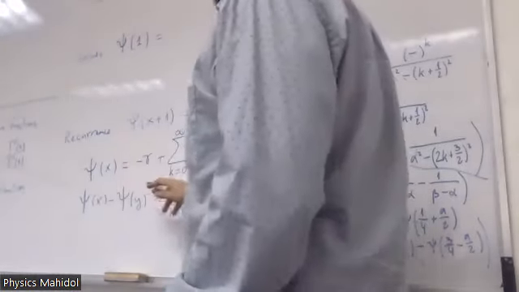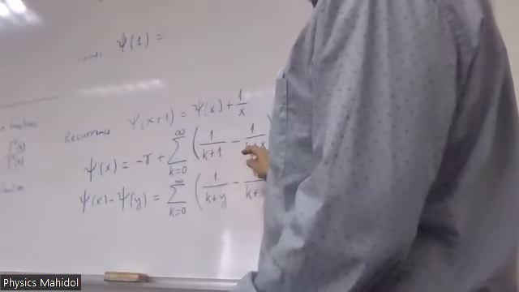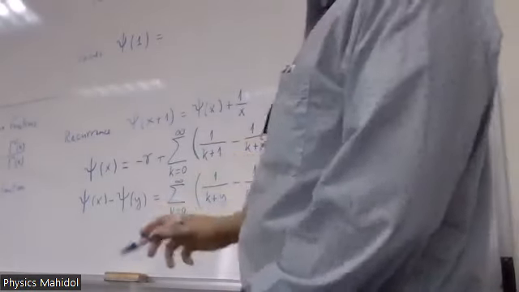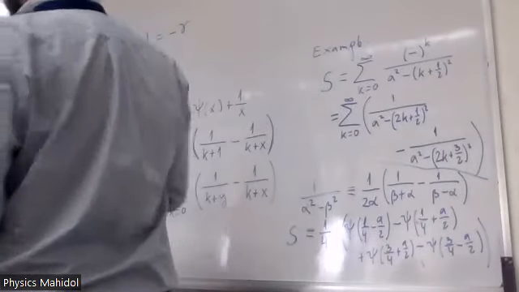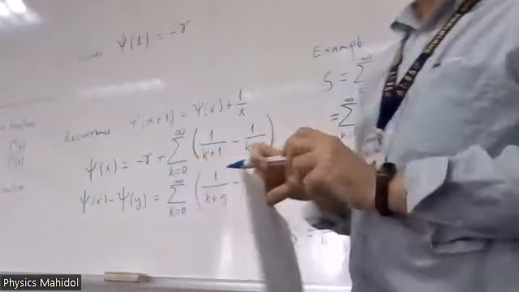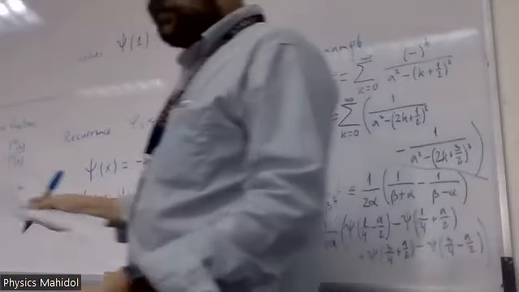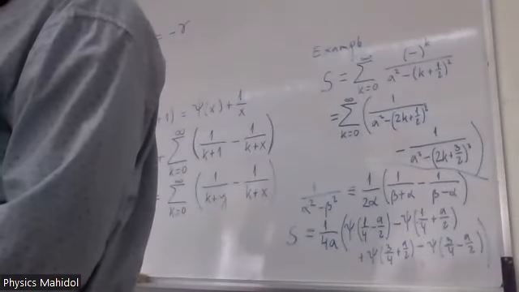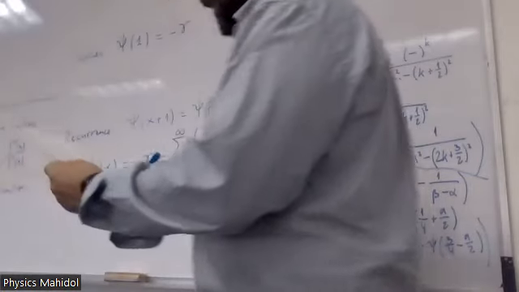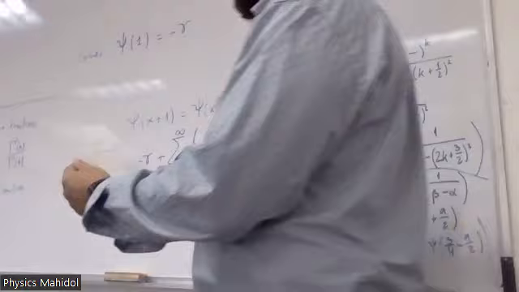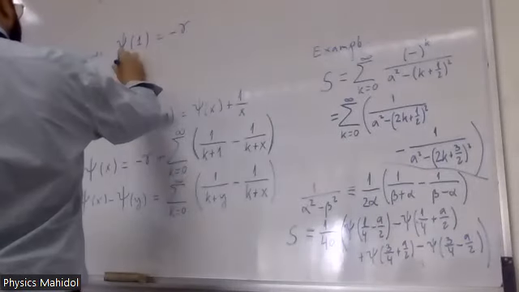If x is 1, but if this is k plus 1, this is also k plus 1. There is a minus, so this would be 0. And then we will get the Euler-Mascheroni constant with a minus sign, okay? Which, remember, is just 0.577, something like that.